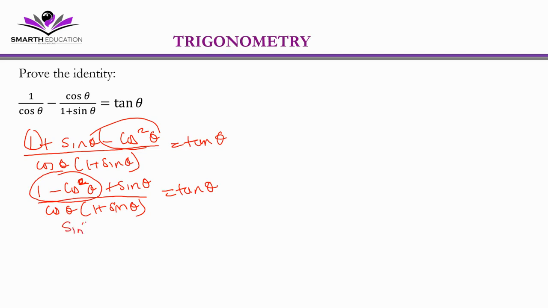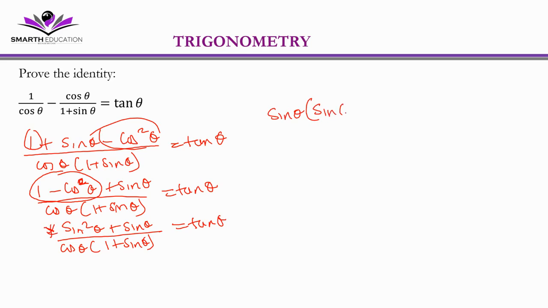So sine squared theta plus sine theta over cos theta times 1 plus sine theta, is equal to tan theta. Again, we can factor out sine theta here, so it becomes sine theta times sine theta plus 1.